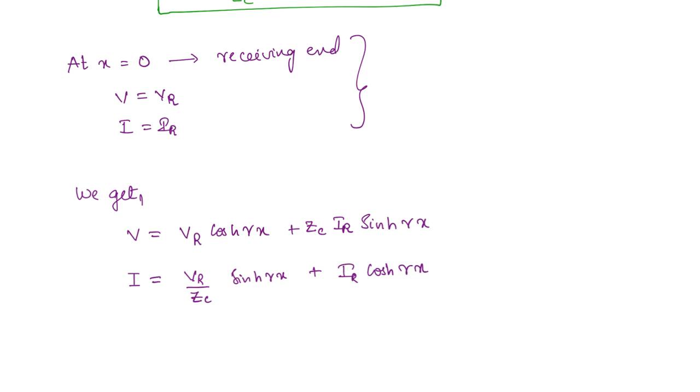Okay. So this is the final value that you are going to get. At any value, if you substitute x is equal to somewhere between the line, you will get the voltage at that point. Similarly, current at that particular point we can get.